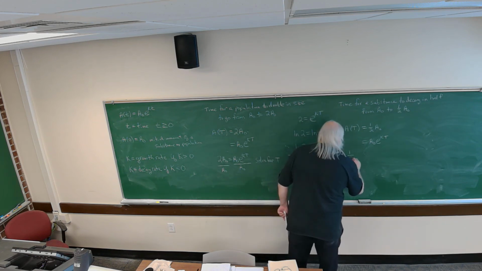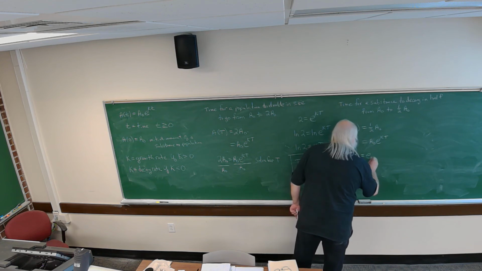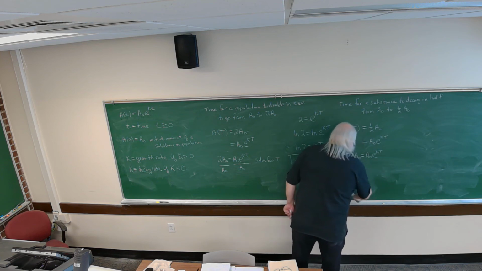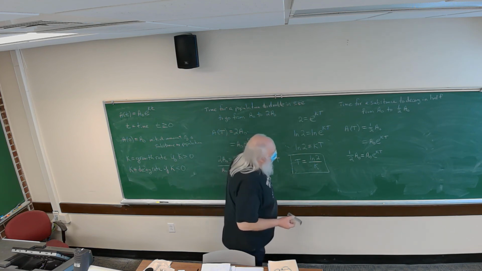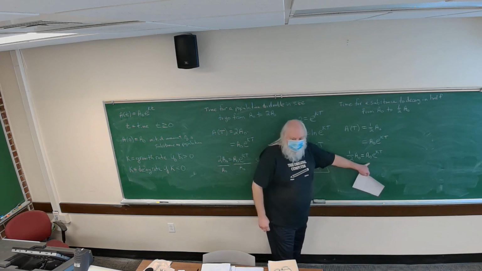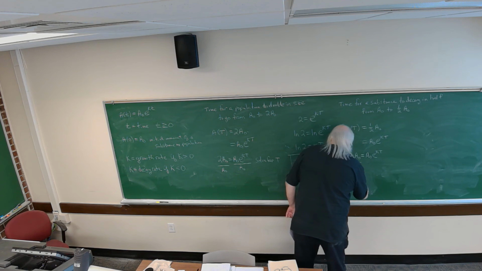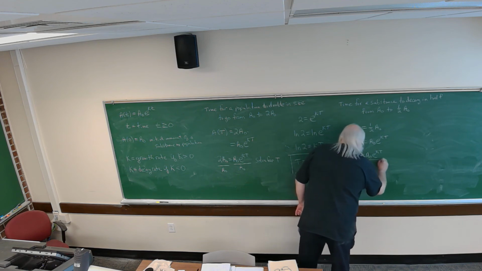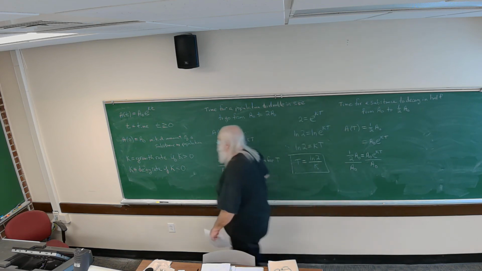So we have 1/2 times a sub 0 is equal to a sub 0 times e raised to k times big T power. Well, again, a sub 0 is a common factor on both sides. So we divide both sides by a sub 0. And we're left with 1/2 on the left.